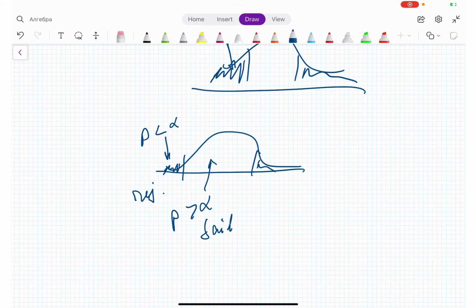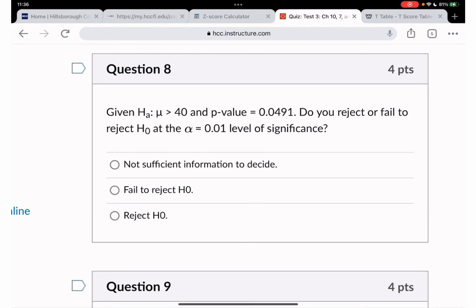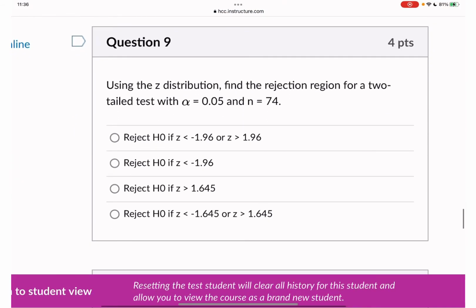And this is for the null hypothesis. Let's go back and see. Since the null hypothesis is less or equal, if our p-value is less than alpha, we are rejecting. But if it's greater than, in our case 0.04 is greater than 0.01, then we fail to reject. Okay, question number 9.